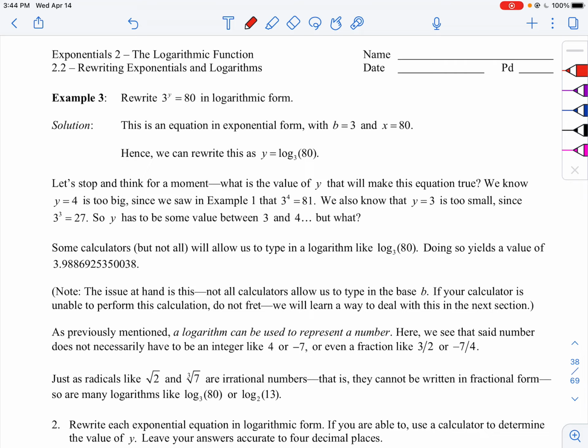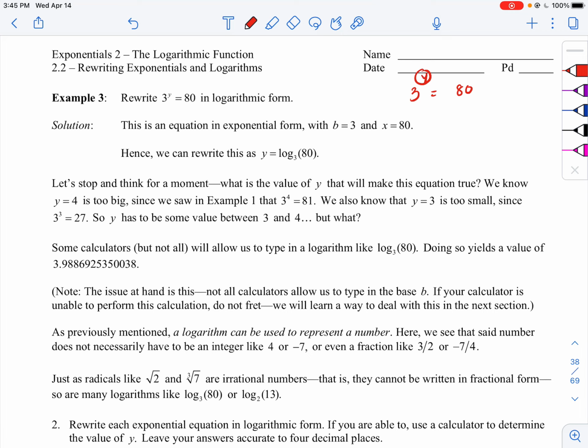Okay, so you have 3 to the power of y equals 80. So what is the value of y? Say for example, you don't know log functions, right? So you can technically just use a trial and error kind of thing.